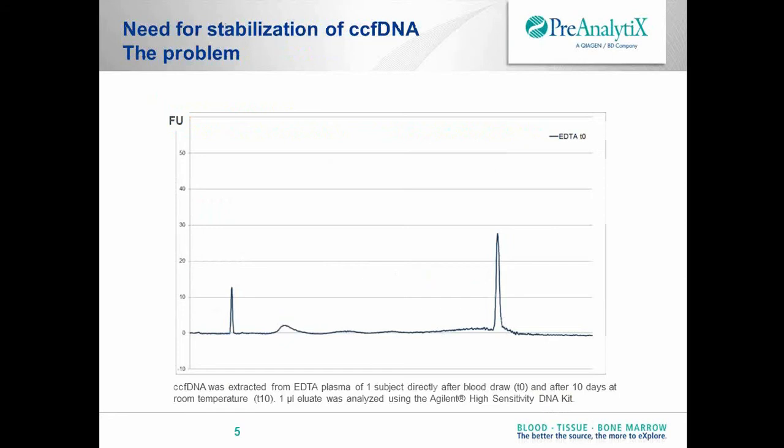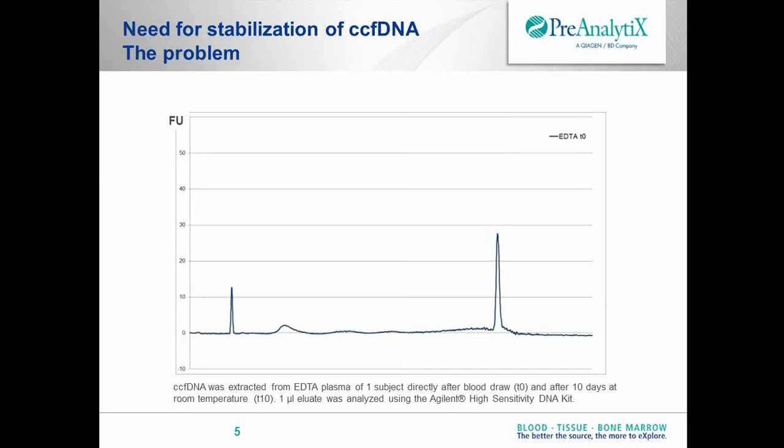What you see here is a graph from the Agilent Bioanalyzer where we see the ccfDNA isolated from EDTA plasma, so from blood collected in EDTA tubes directly after the blood collection. The plasma was separated from the blood cells, and the ccfDNA was isolated.